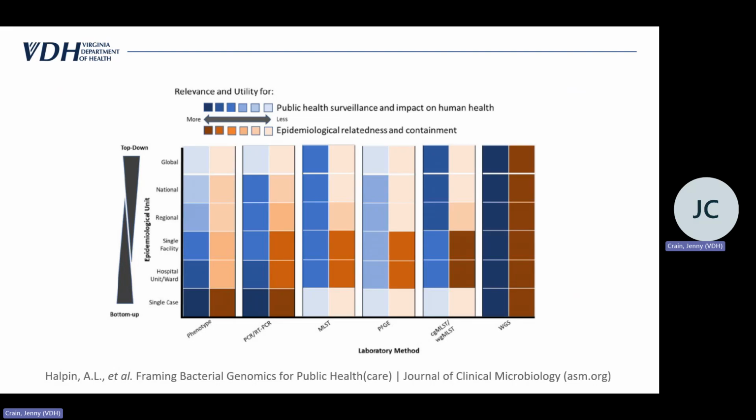But some of our other subtyping methods that we have used in the past are more suited for one or the other. So I really like this diagram. It just helps put it all into context in terms of, there are different applications, and in different settings and different contexts, we do need to think about how we apply or interpret this information differently.